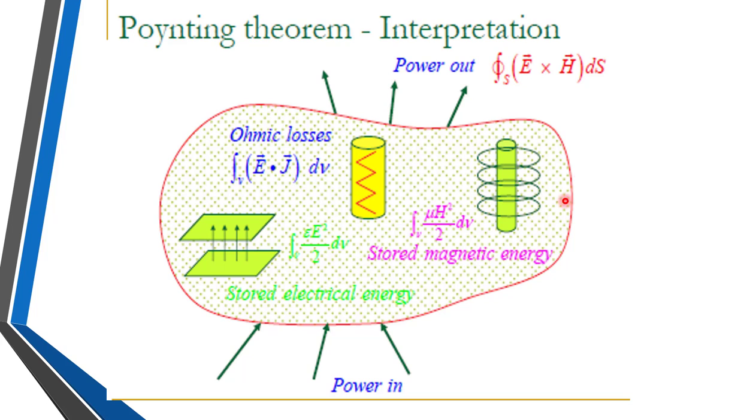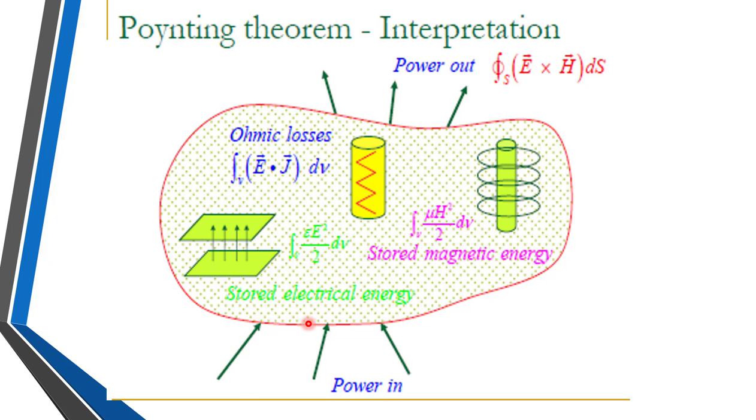If there is a coil present, energy is stored in terms of magnetic energy. Electrical energy is present in a capacitor also, because electrical energy is required to charge the capacitor. Magnetic energy is required to allow the flow of current through the coil. So these two energies will decrease, and ohmic losses will also be there. So net power is all of these things.